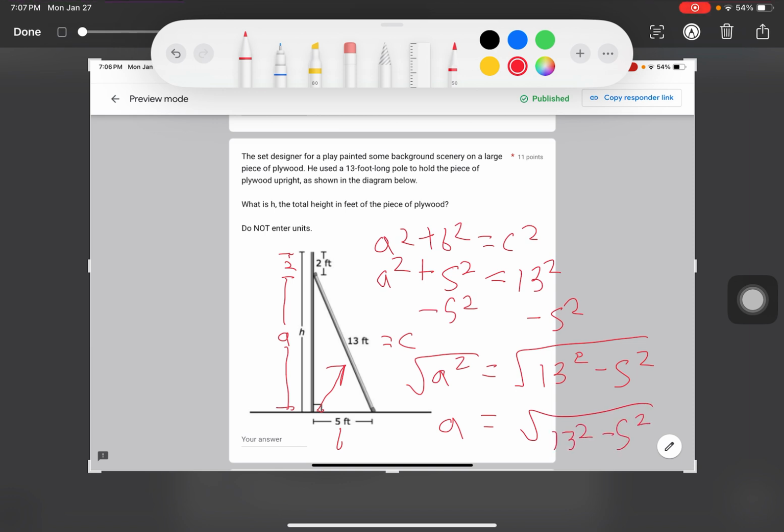You could square them, subtract the numbers, and then take the square root, or you can put it in the calculator just like that. But on this problem, you would have to add the 2 at the end because it's asking for the total height.